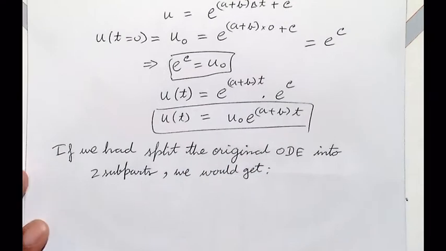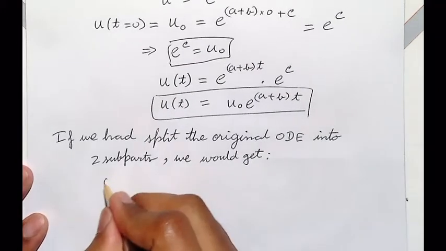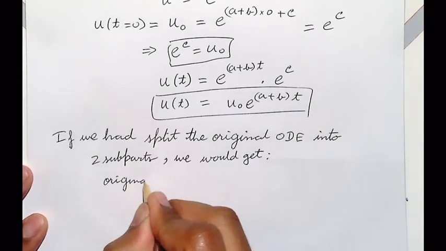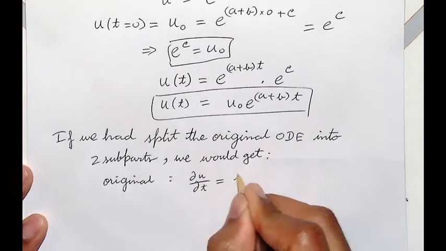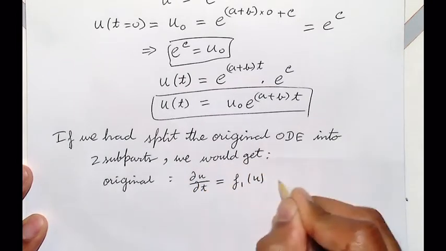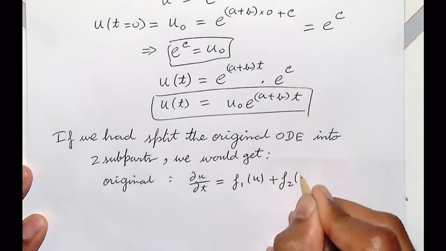let's see. So the original ODE was du by dt equal f1 of u plus f2 of u.